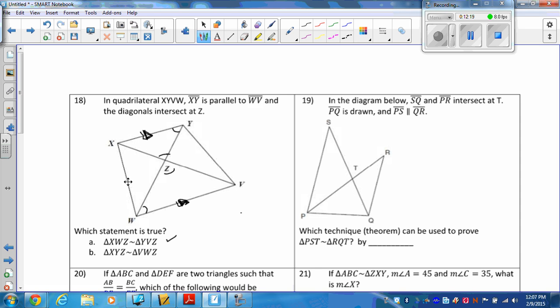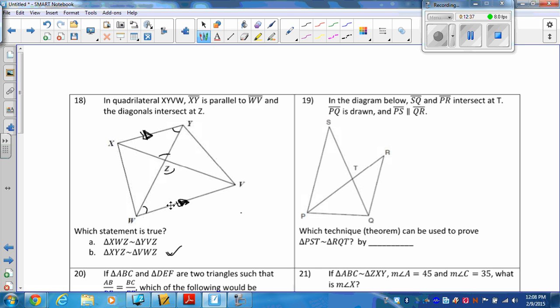We don't know that these two are parallel or anything about them. So it does need to be the ones with the parallel sides. So it's definitely not this one. So this is the statement.